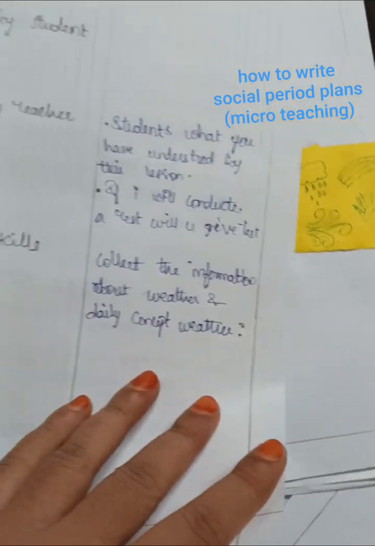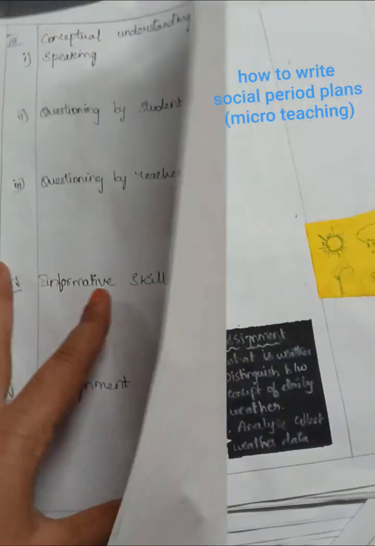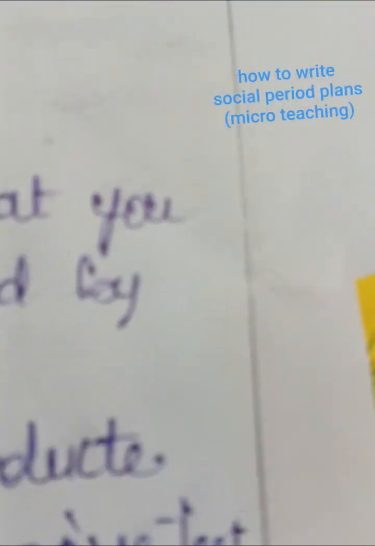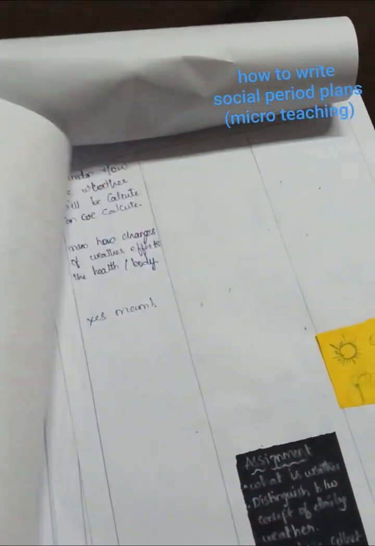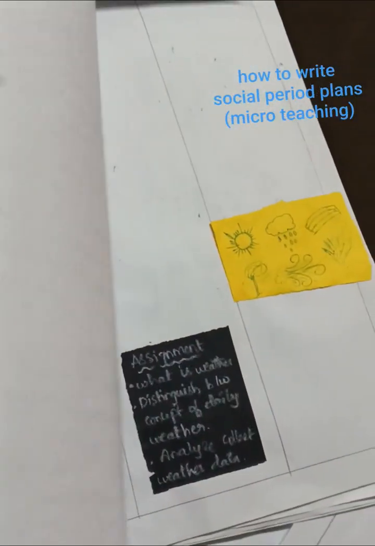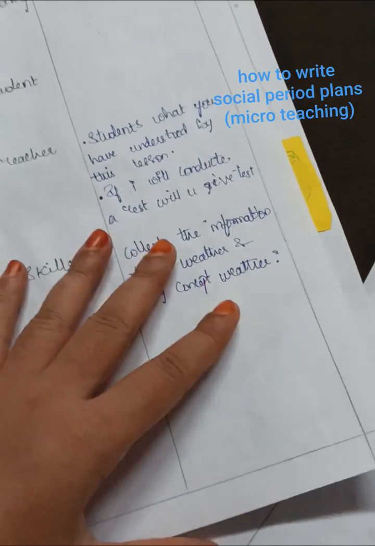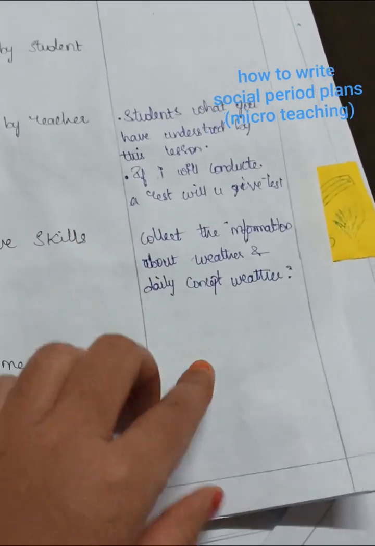This is the last. So for micro teaching, you have to write 10 period plans for social as well as English. This is the social. Next one I'll explain in English.